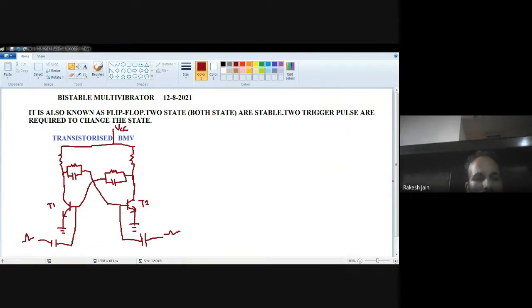Okay, so see two cross couples. Because this is with the collector of the first, I mention the name as C1, and the resistor as R1.